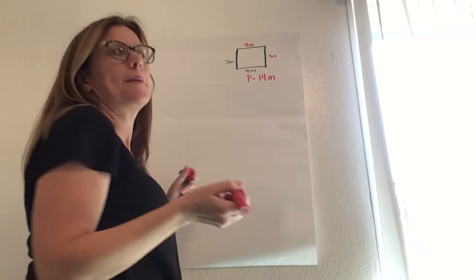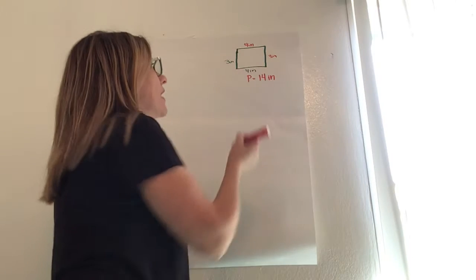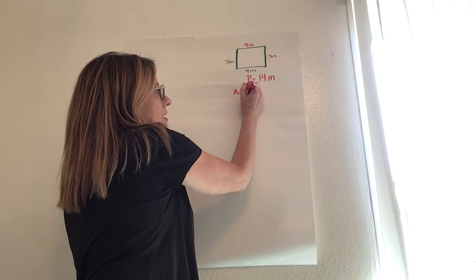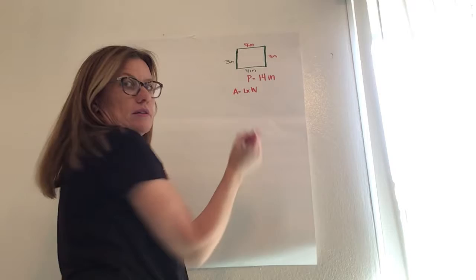so my perimeter equals 14 inches, okay? Now if I'm doing area, okay, area is length times width, okay?